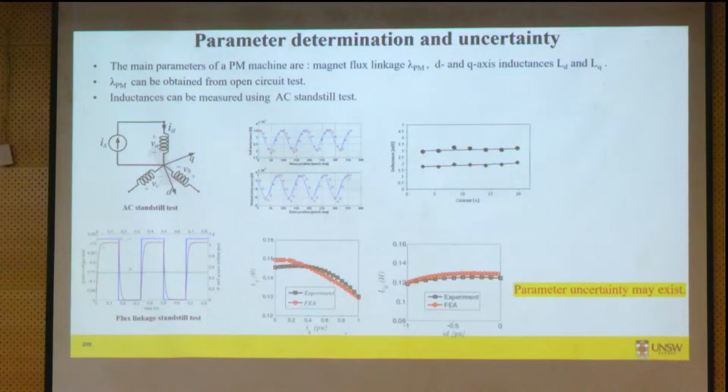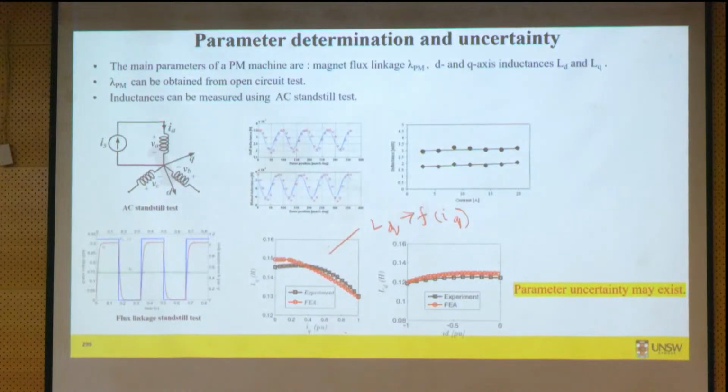In your model, instead of using a constant LQ, you can find LQ as a function of current from these measurements, and then use that in your control while estimating the flux linkage, etc. So that's the easiest way to do it.